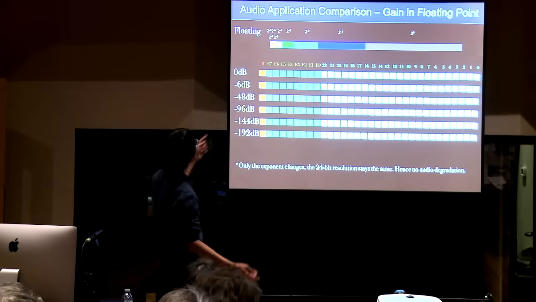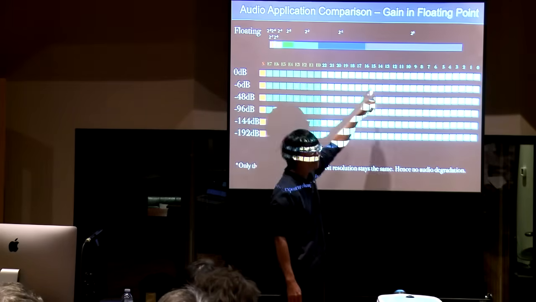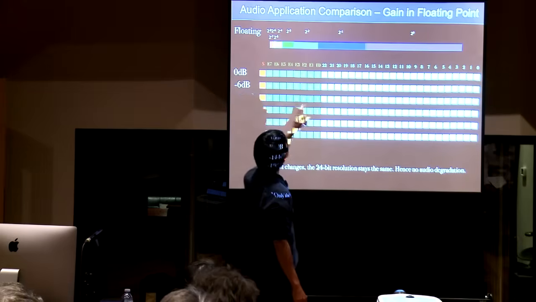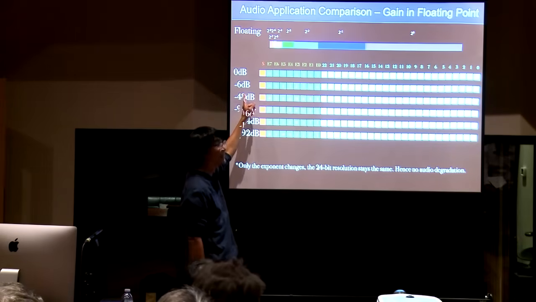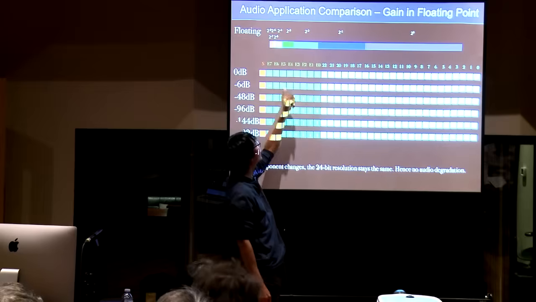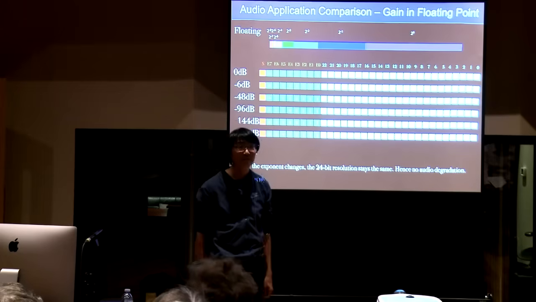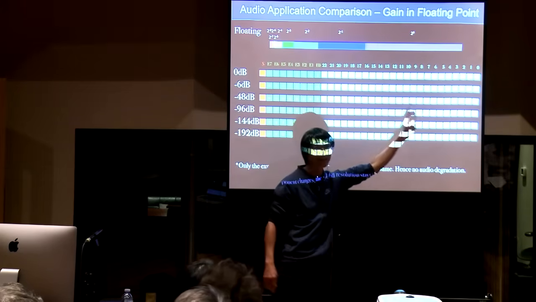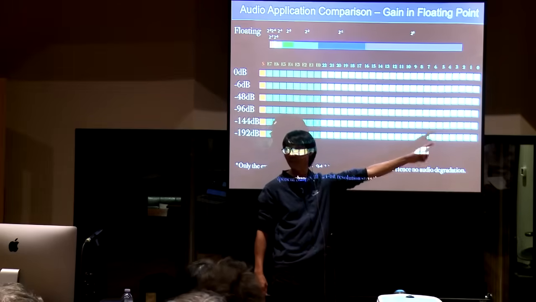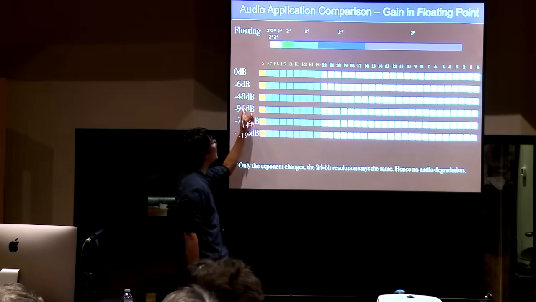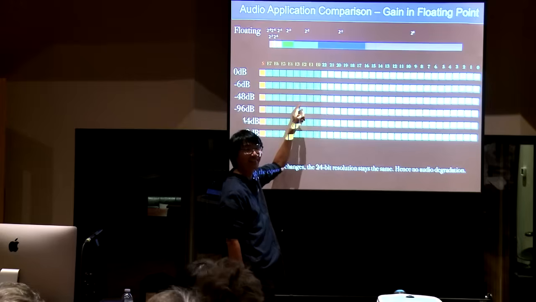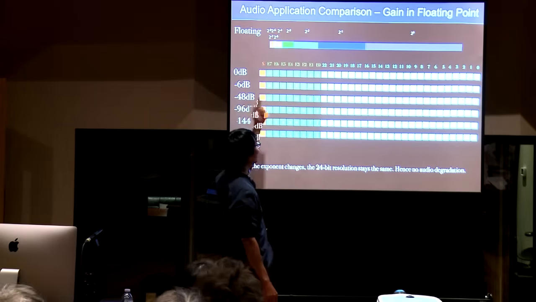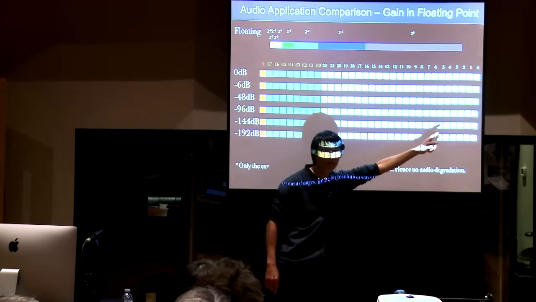At 0 dB, they've got all the numbers here. At minus 6 dB, they don't shift. All they do is use the exponent number minus 1, and all 23 bits stay. Minus 48 dB, minus 8 here, or minus whatever, and then the 23 bits stay.